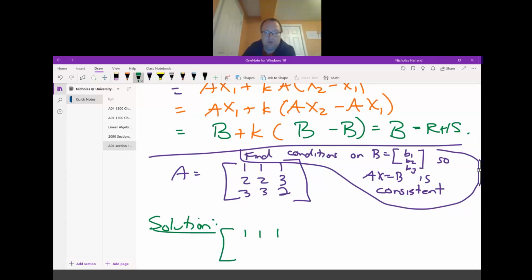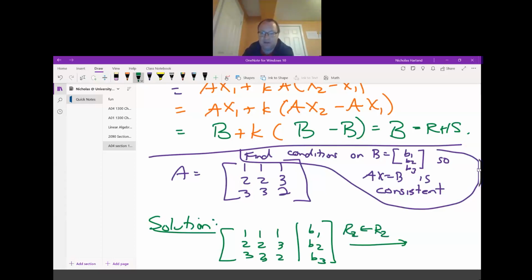So 1, 1, 1, here's our coefficient matrix. We augment it with our constant matrix, and then we row reduce until we get into REF. Do we need to be in reduced row echelon form, or is REF good enough? REF is fine.